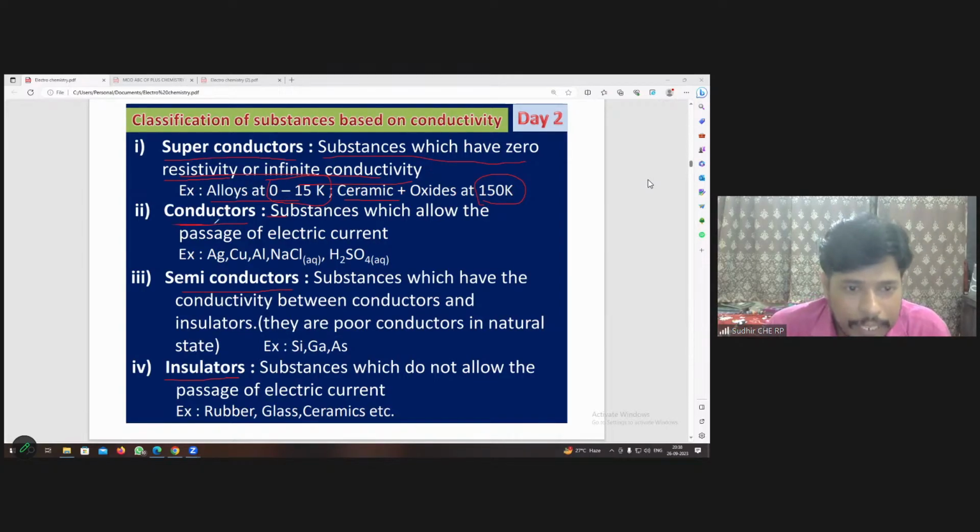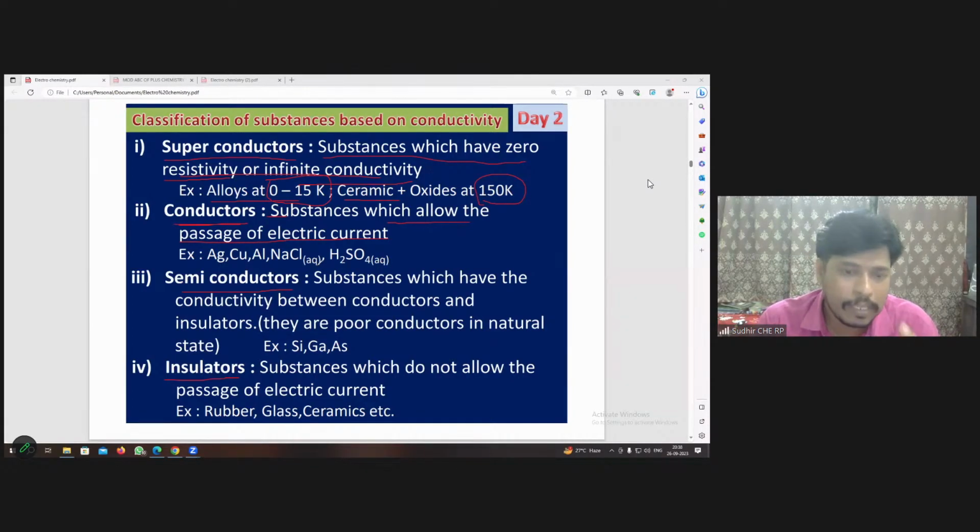And next, the second one, conductors. In a simple statement, conductors are the substances which allow the passage of electric current. As we are discussing electrochemistry, we are choosing electrical current passage, but in general, thermal conductivity also we have. Generally, metals are good conductors of electricity as well as heat.